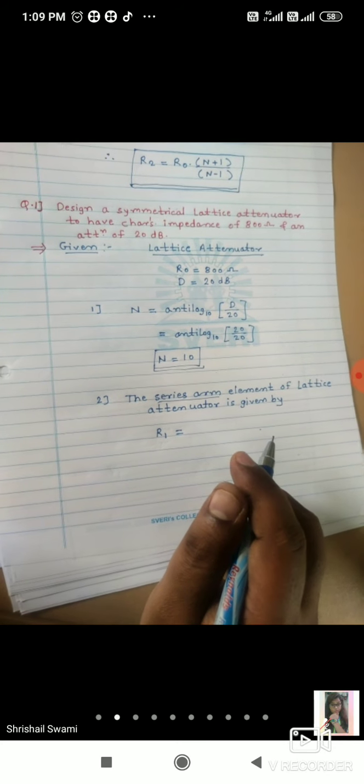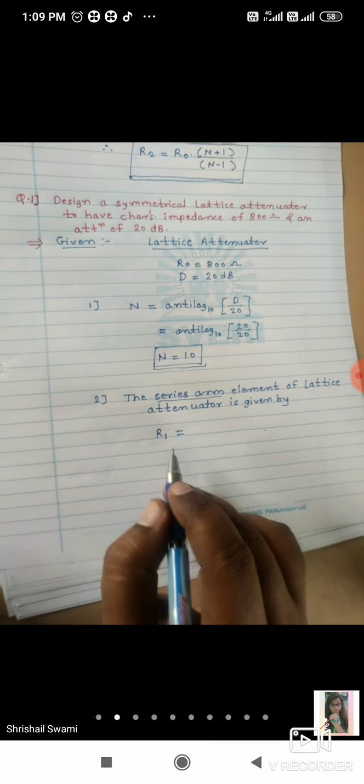So what is the formula of R1? Many students get confused whether n plus 1 is on top or n minus 1. Observe carefully: R1 is always less. So R1 is equal to R0 into (n minus 1) divided by (n plus 1). Whenever it is n minus 1, that is R1. Always remember, whenever the plus is on top, that is R2. So place the values: R0 is 800, n is 10, so 10 minus 1 in one bracket and 10 plus 1 in another bracket.